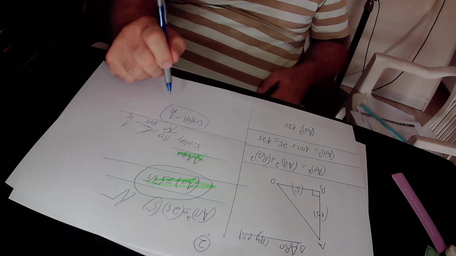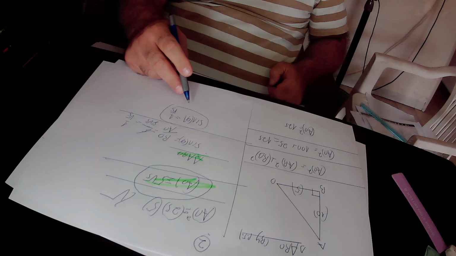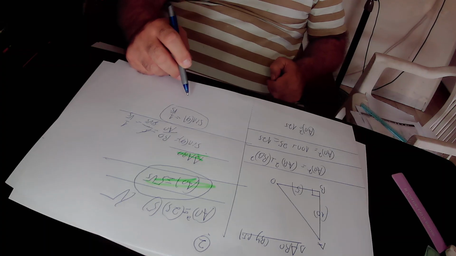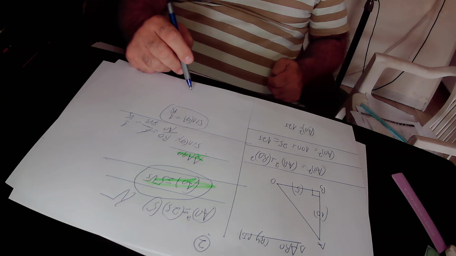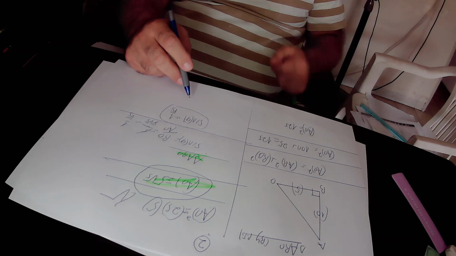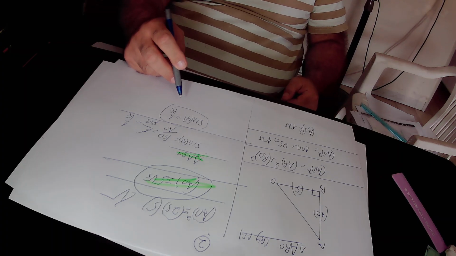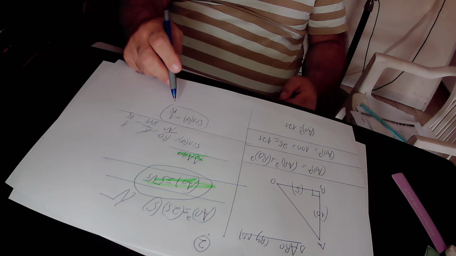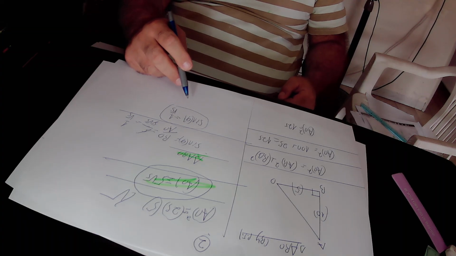Our task is to find the size of angle alpha itself. In order to find the size of angle alpha, we'll operate the opposite function of sine, that is arc sine of the result of sine alpha, that is 1 over square root of 5. This way we get the value of angle alpha itself.